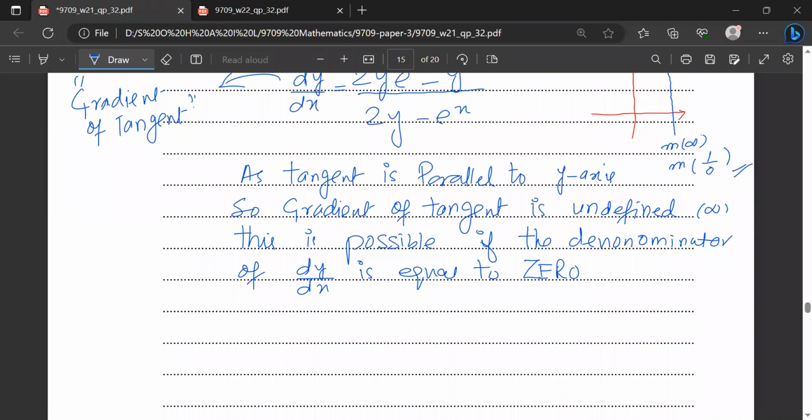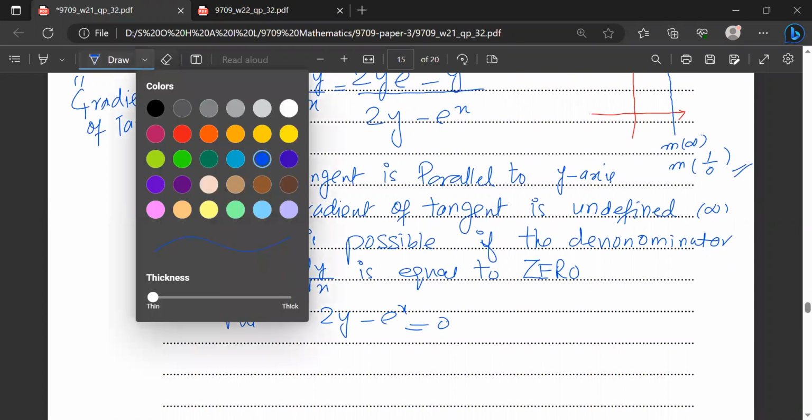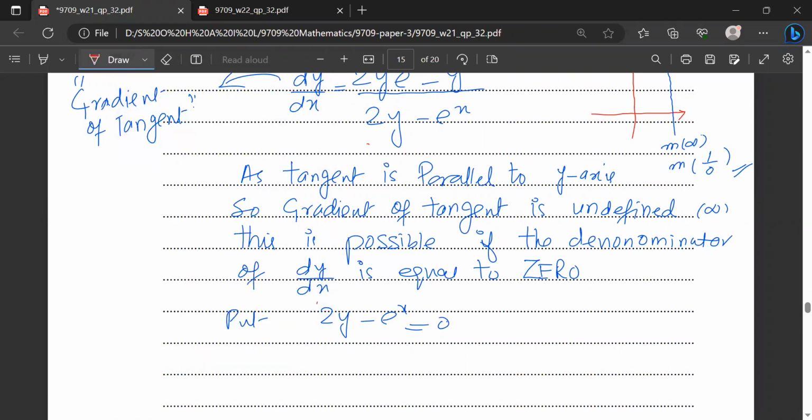So for this part, you put 2y minus e to power x is equals to 0. This is the important point for this part.